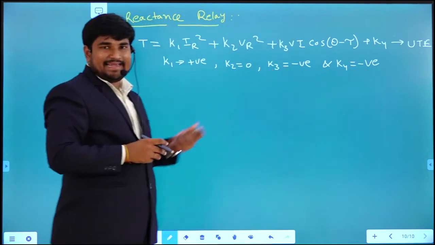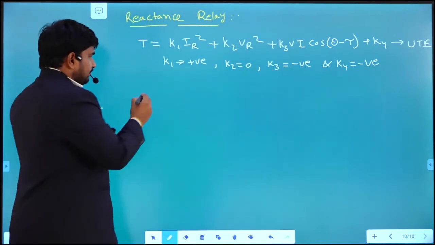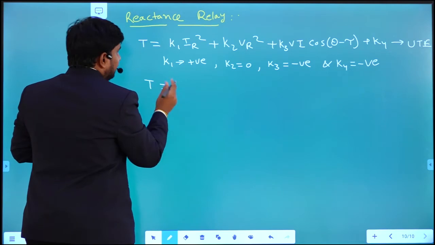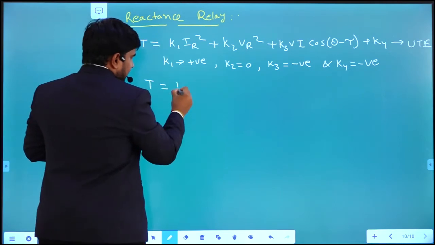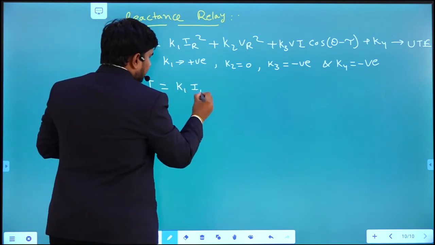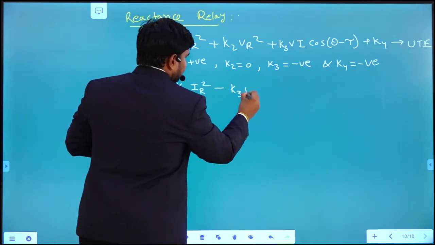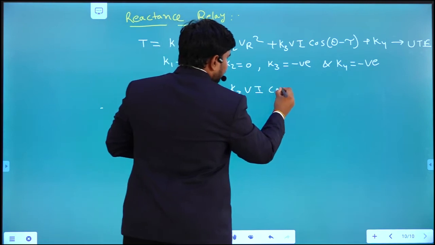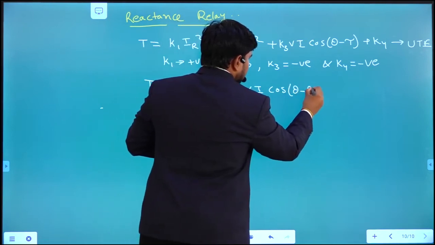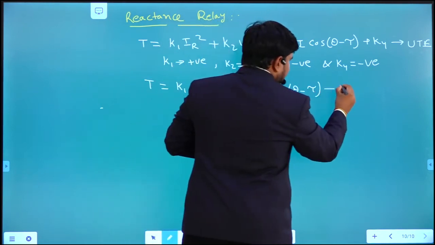K4 is negative. That means the torque expression will be modified for reactance relay as K1 into IR square minus K3 into VI cos of theta minus tau minus K4.